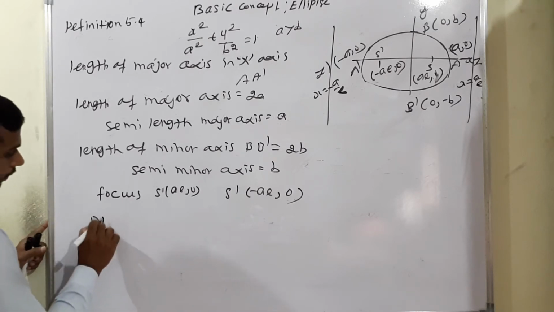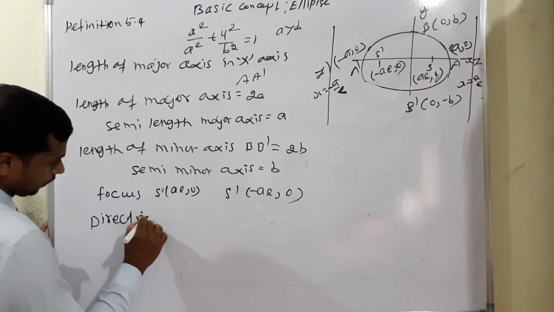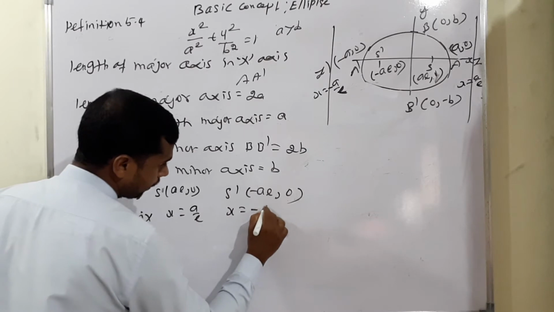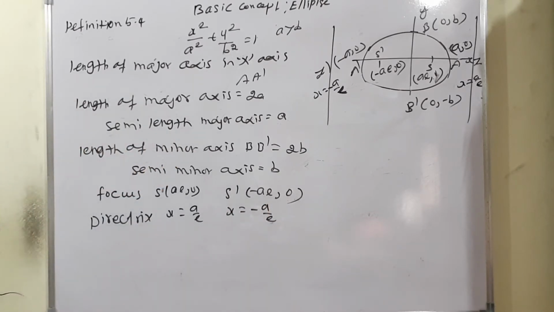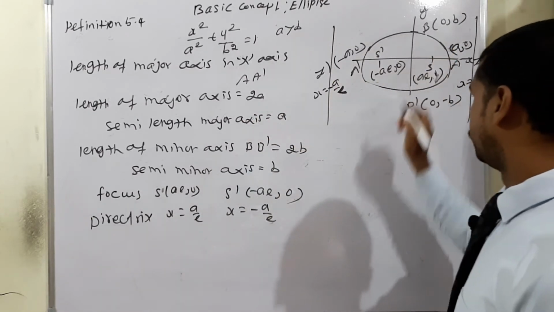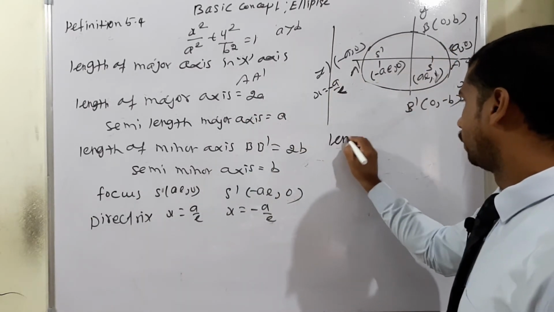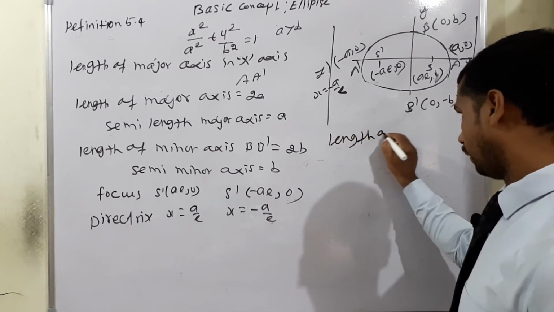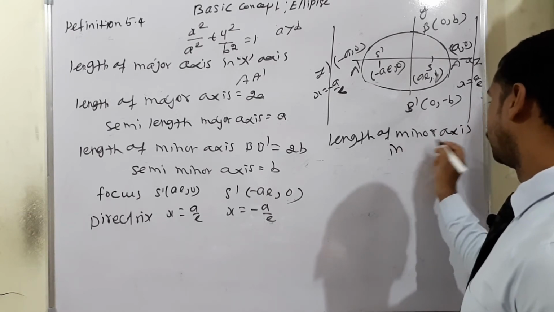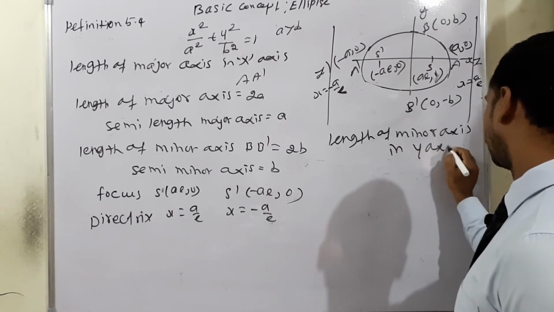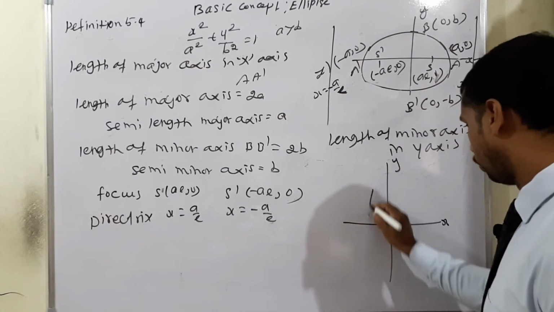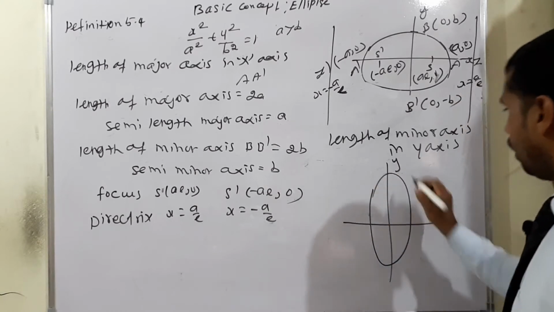Then the Directrix: x is equal to positive A by E on the positive side, and negative A by E on the negative side. Now, what happens when the major axis is along the y axis and the minor axis along the x axis? Just reverse the diagram: this is x and this is y, and the order reverses.